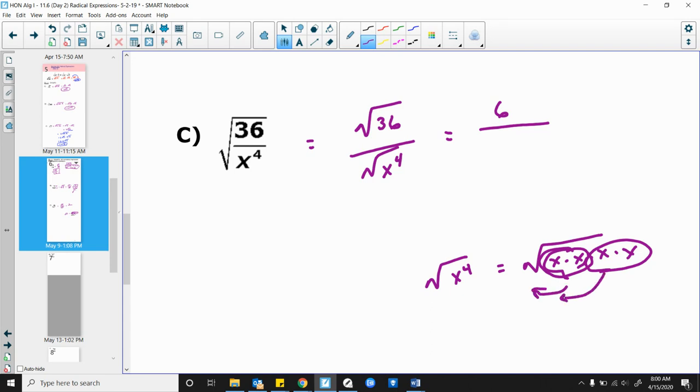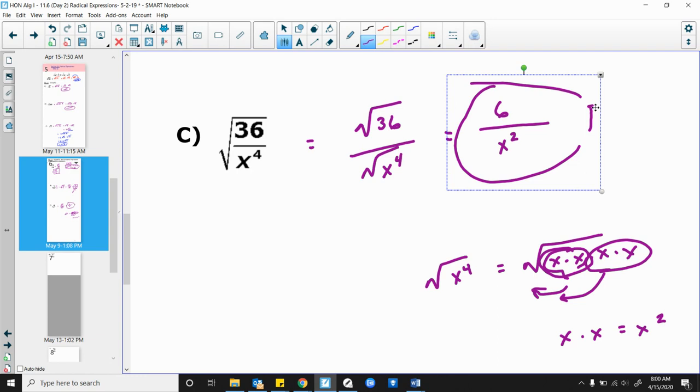Remember, only half of them can leave, or one of each pair can leave. So this would become x times x outside the square root, which would be x squared. So on my bottom here, I'm going to have x squared. 6 over x squared ends up being my answer. Pretty straightforward.